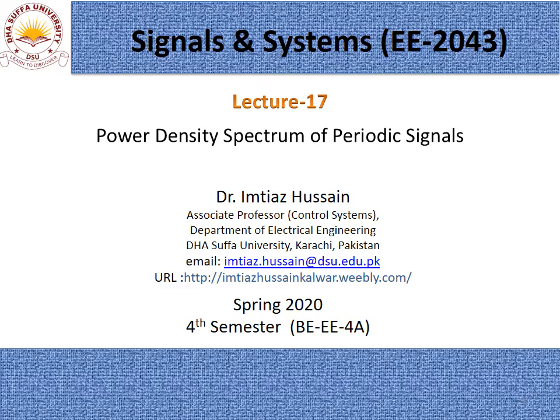That power signal should have all the power at one frequency. So if we draw the power spectrum of the power supply at our homes, it should have only one component at 50 Hz. All power should be in that component.